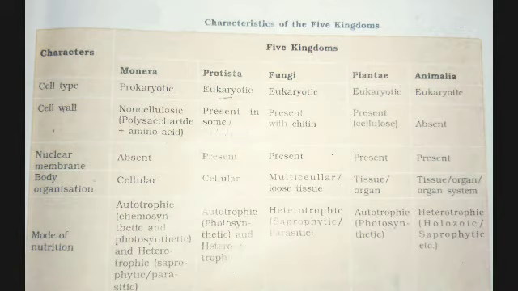Nuclear membrane is absent in Monera kingdom. It is because these organisms have prokaryotic cells. So if a prokaryotic cell is there, there must not be any nuclear membrane, because prokaryotic cells are primitive types of cells, right?